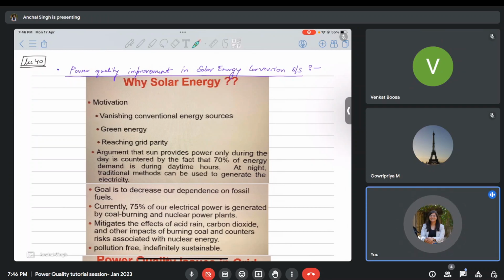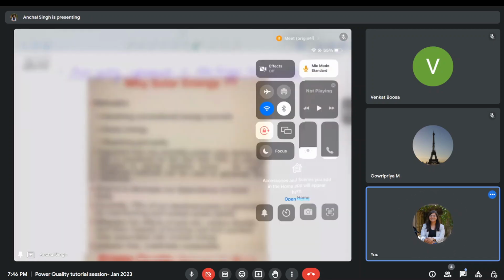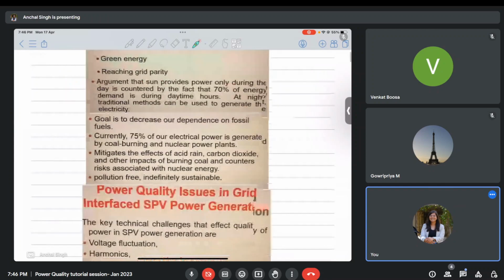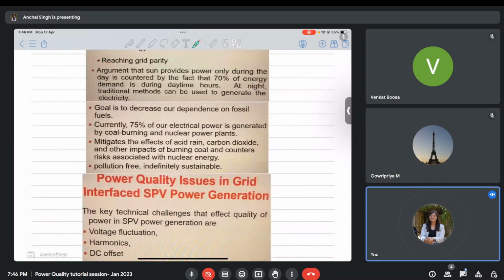So when you talk about solar energy, we know the motivation behind it. The non-renewable sources of energy are depleting, and we want green energy. There is global warming, so we need more and more renewable sources of energy. Because of that need, even the government and everybody is pushing solar energy, so we are moving towards using more and more of it.